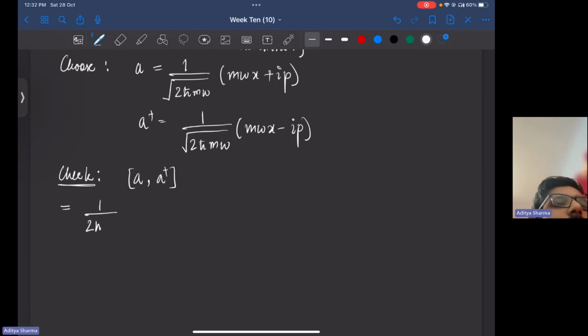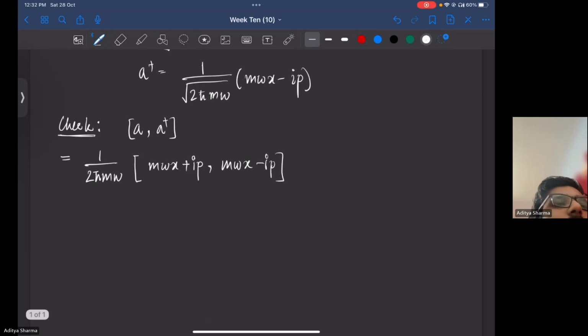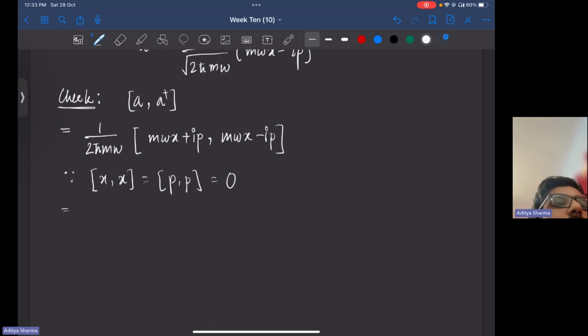This comes out to h-bar ω, m ω x plus i p, minus i p. Now, since this and this are 0, we have only the cross terms.